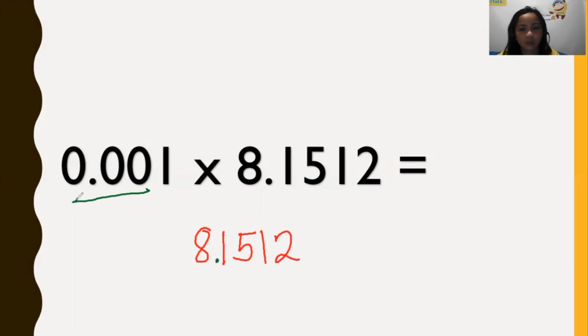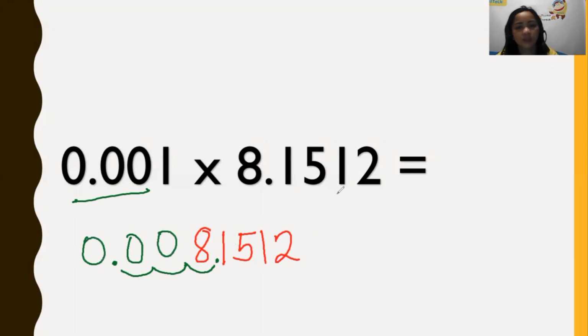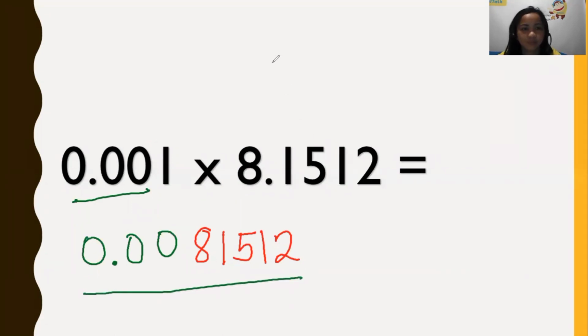Multiply natin sa 1,000ths. So, we need to move 3 places. 1, 2, 3. Lagyan natin placeholder at isa pang 0. Burahin natin itong dati niyang decimal point. So, this is the answer.